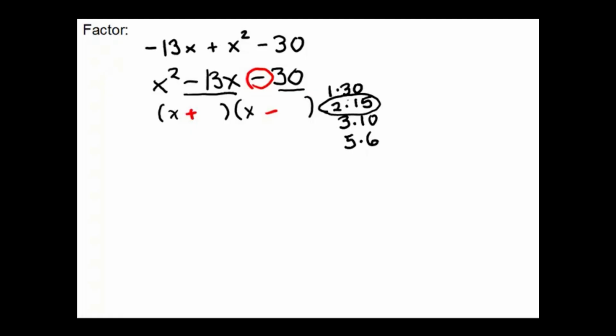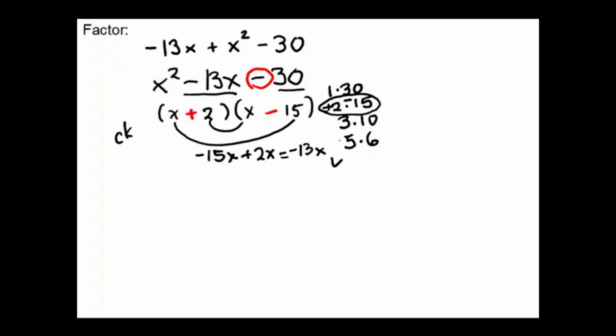So it will go with the 15 and the positive with the 2. And we'll check on the outside, minus 15x, inside plus 2x, different sign, subtract, and that works.